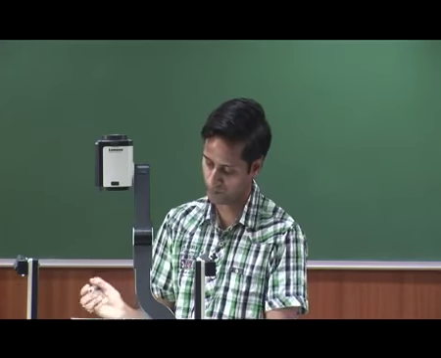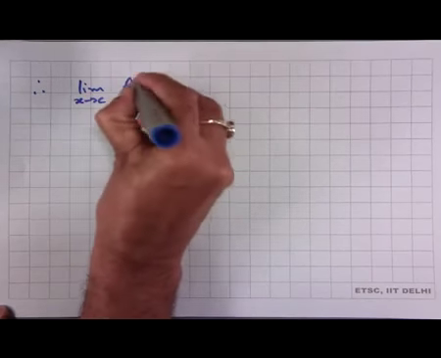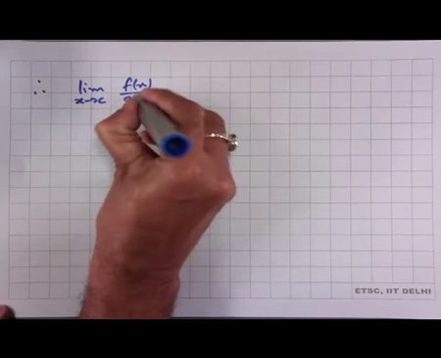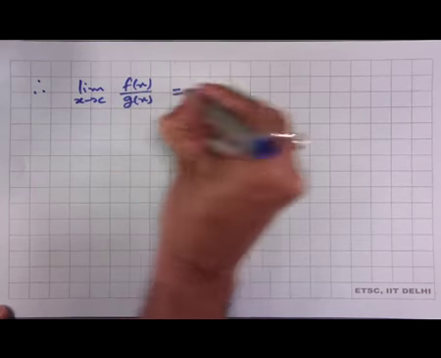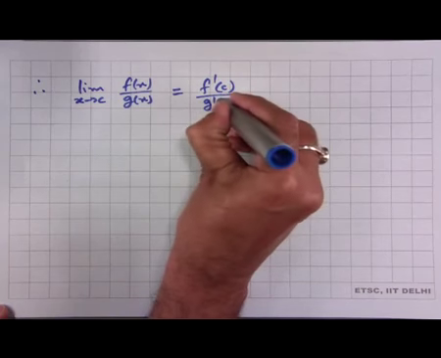So, therefore, limit of x going to c of f x by g x is equal to f prime c divided by g prime c.